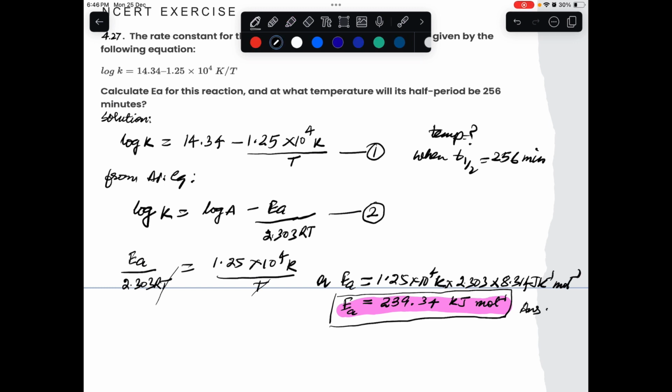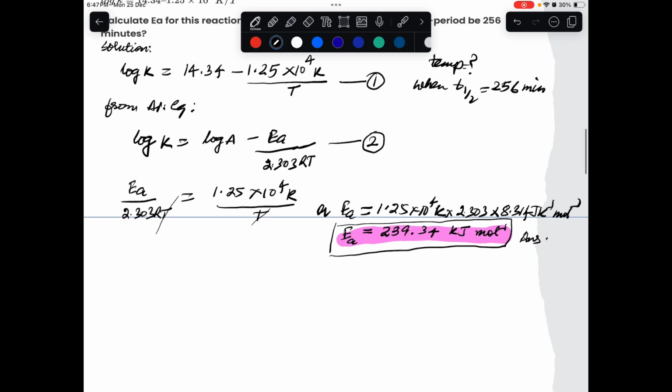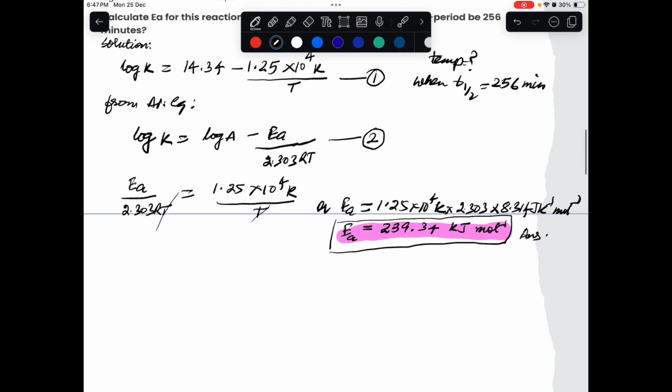Next we have to find out temperature, where half-life is 256 minutes. Okay, so for calculating the second part, we will be writing your rate constant. Okay, so rate constant for first order reaction is K is equal to 0.693 divided by T half.